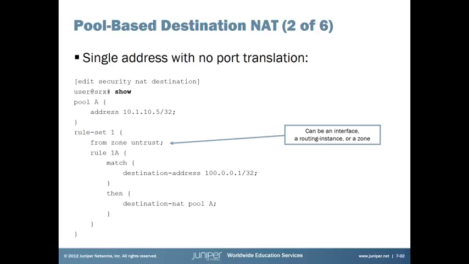Single address with no port translation. Here we have a pool, pool A, we've got addresses, we've got a rule set from zone untrust, match destination address, there it is, then destination NAT pool A. So what's happening is traffic is being forwarded or sent to 10.0.0.1, and that traffic is being NATted from that public address into a private address inside the network.